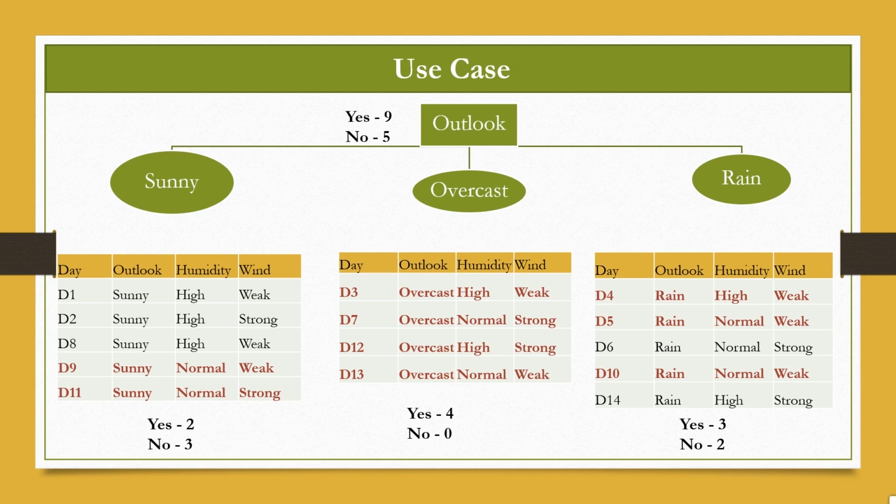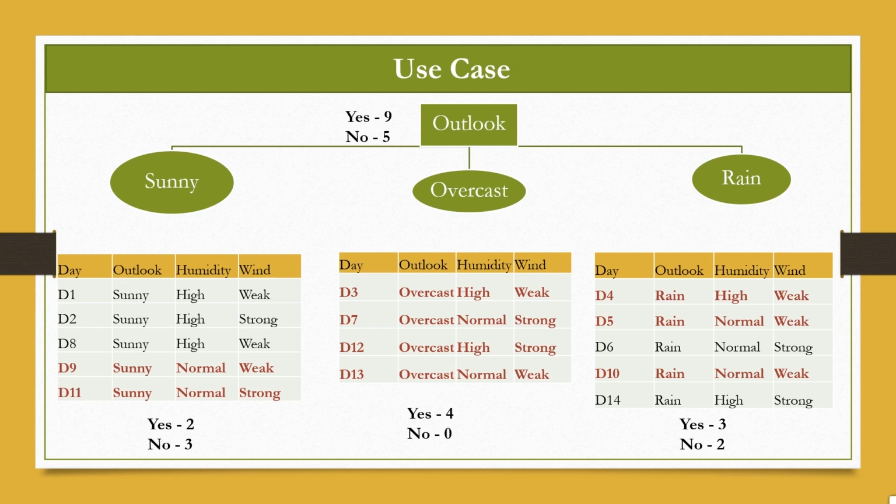So generally outlook can have three values: either it can be sunny, it can be overcast or it can be rainy. Now these three values are assigned to the immediate branch nodes, and for each of these nodes the possibility of play equal to yes is calculated.